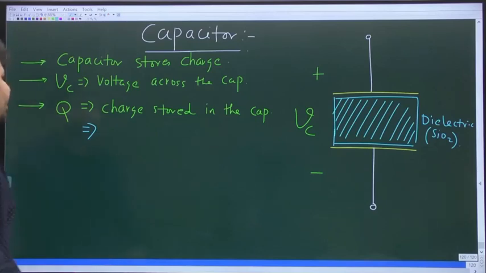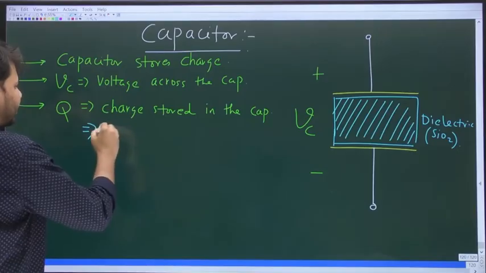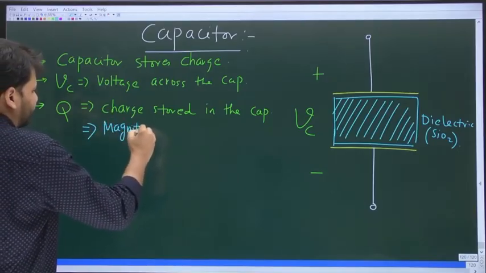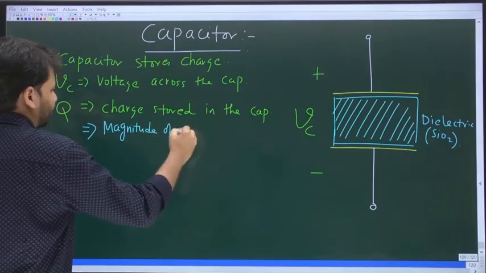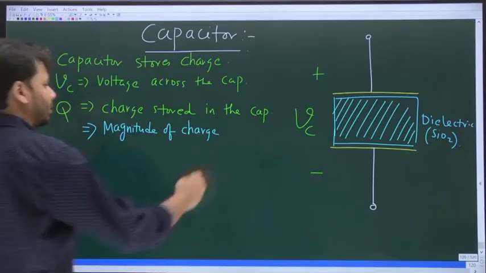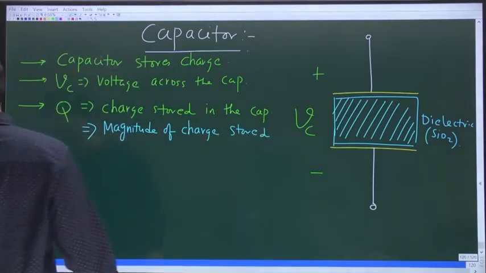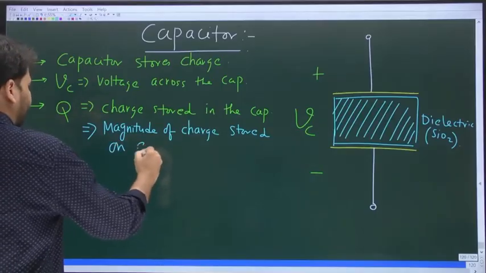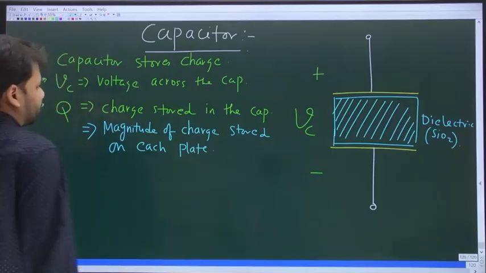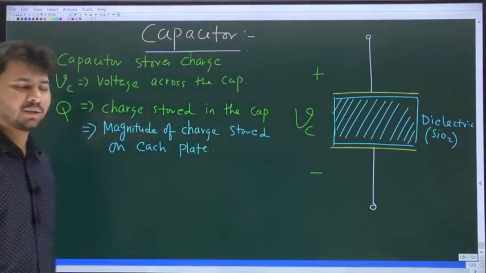So charge stored in the capacitor, the actual meaning of this line is the magnitude of charge stored on each plate.